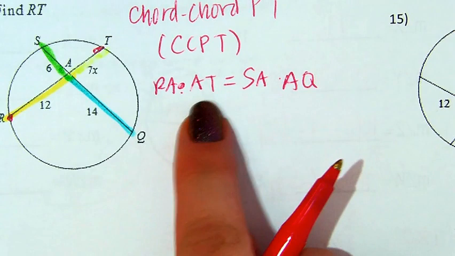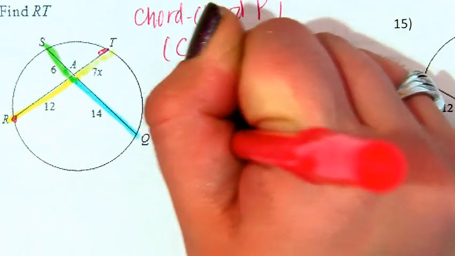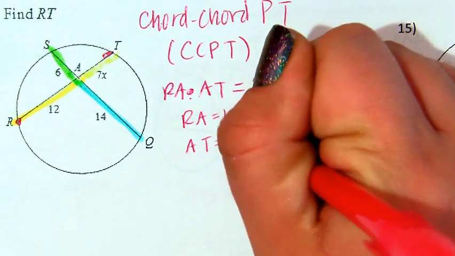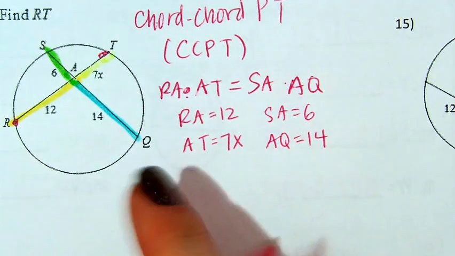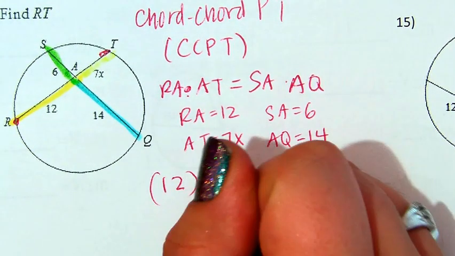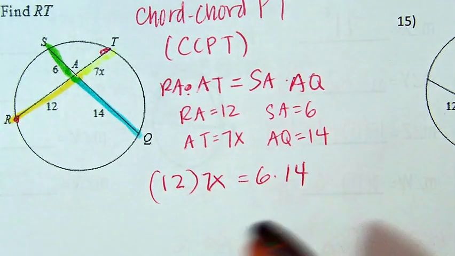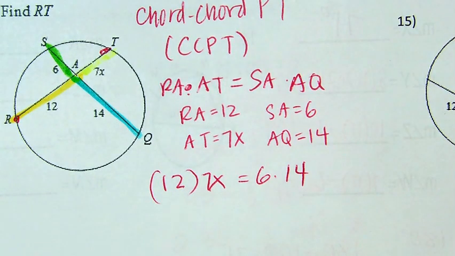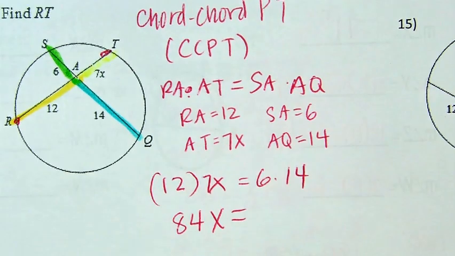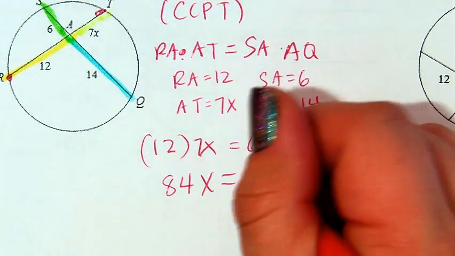Okay, and I like to write what each part is, so I know RA is 12, AT is 7x, SA is 6, and AQ is 14. And then plug in accordingly. 12 times 7x equals 6 times 14. So 12 times 7x gives us 84x, and that is going to equal 6 times 14, which is 84.